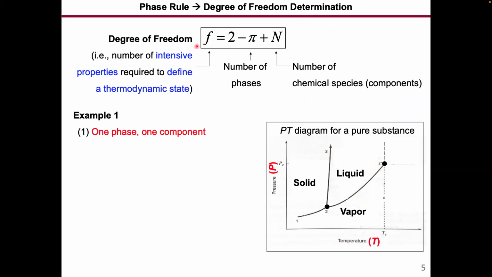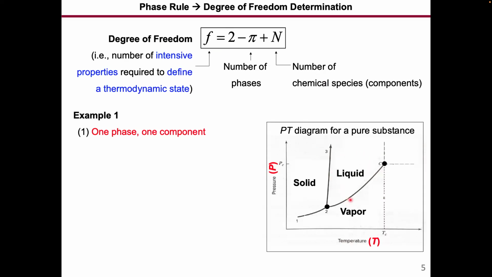All right, so now let's quickly understand on this PT diagram how many intensive variables we need to know to specify or define a thermodynamic state. So example 1, we are looking at one phase, one component. We want to ask how many thermodynamic properties we need to know to actually locate this particular system onto this PT diagram.